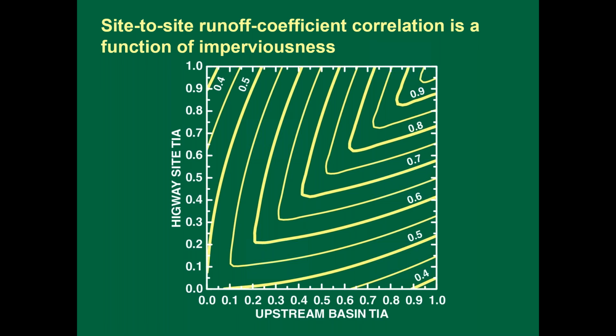If you had two fully impervious areas in a watershed, the antecedent wetness is going to affect those differently. I know this gets a little complex. You don't need to know the details, just be vaguely aware that the upstream basin and the highway site are going to tend to behave similarly for a given event, based on the theory that antecedent wetness affects runoff coefficients.